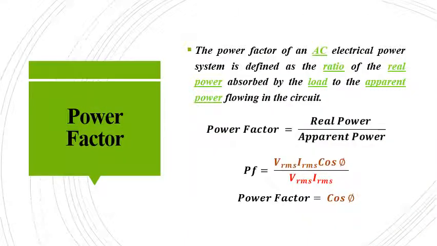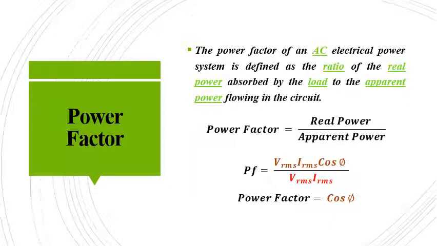Another important term in an AC circuit is power factor. The power factor of an electrical circuit is defined as the ratio of real power absorbed by the load to the apparent power flowing in the circuit. That is, power factor is equal to real power by apparent power.